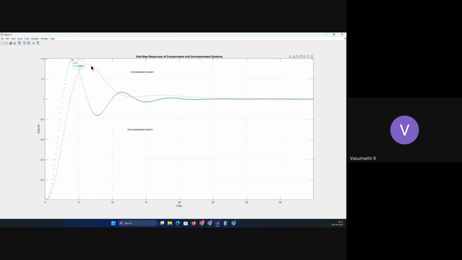Here, this is the compensated system where it settles smoothly without too many oscillations, and the settling time is also comparatively less. Since the phase margin is only 40 degrees, this settling time is a little larger than the one we saw in the lead compensation, that is 50 degree phase margin. So this is fine, right? We achieved the requirement.